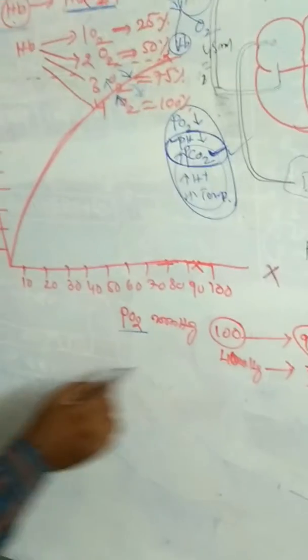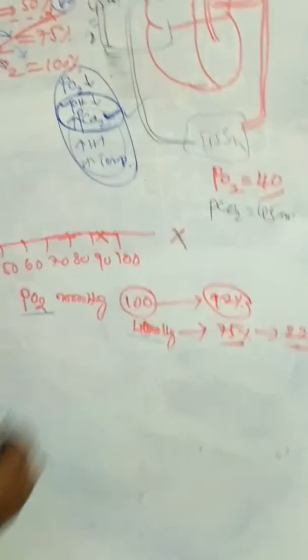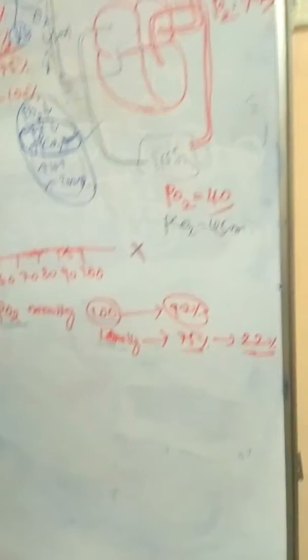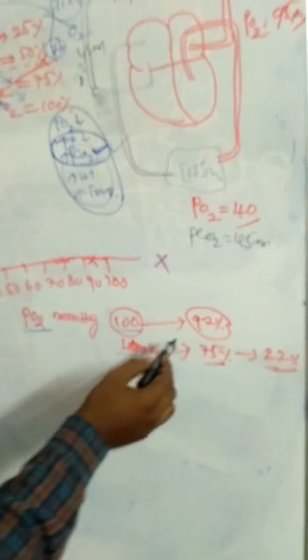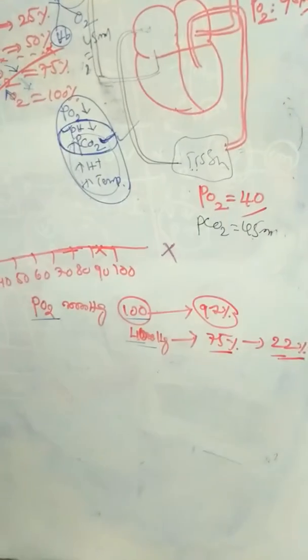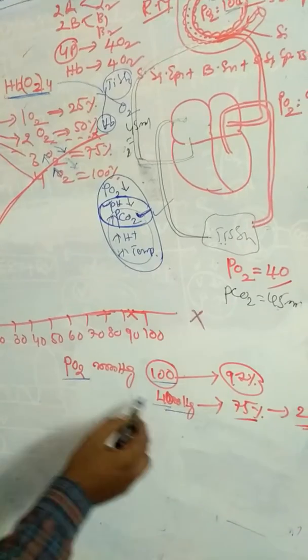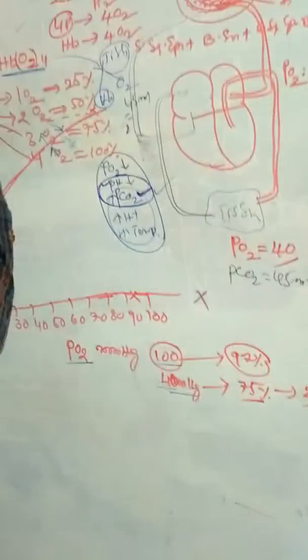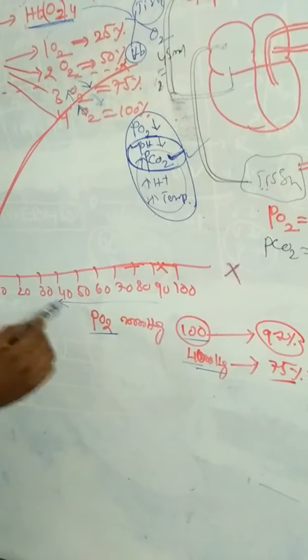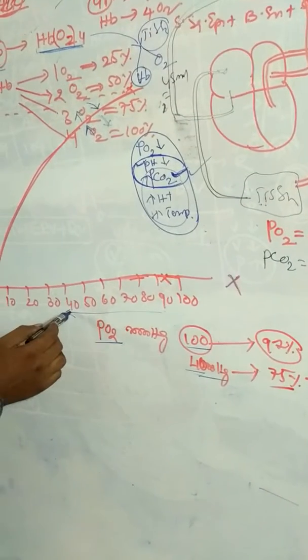And finally, at 100 mmHg partial pressure of O2, saturation is equal to 97%. When the blood moves towards the tissues, the partial pressure of O2 decreases.